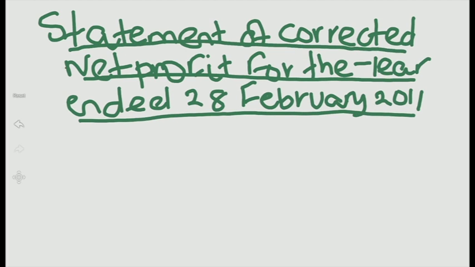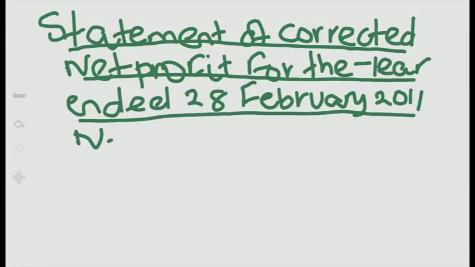What is going to happen is you first write the net profit that you calculated before you identified the errors. The net profit we had before we identified the errors was 3,000.